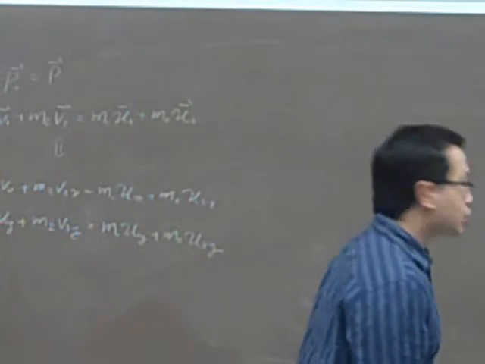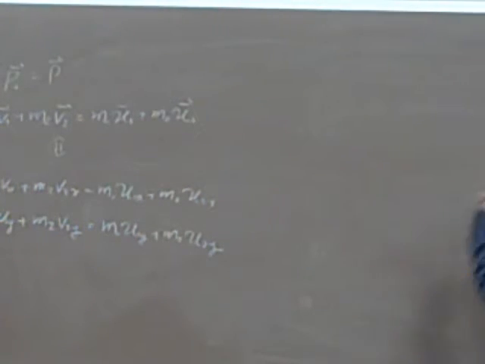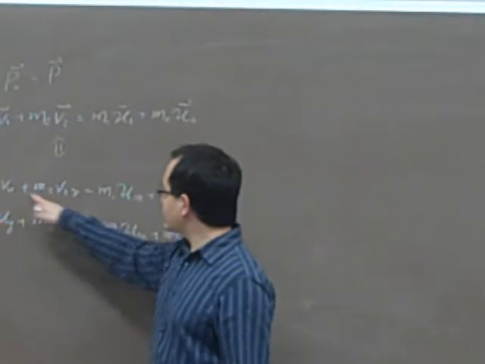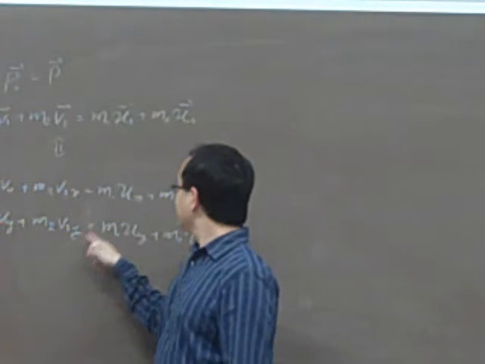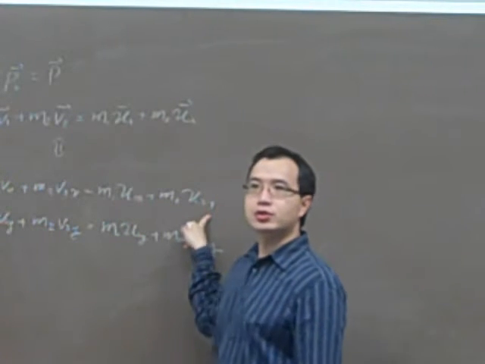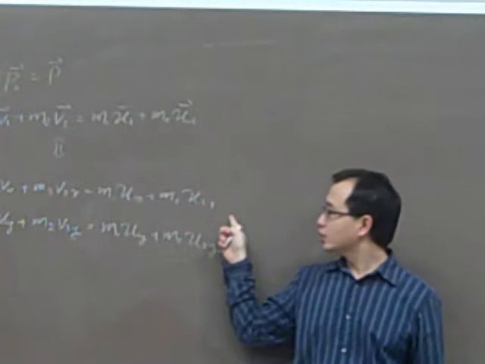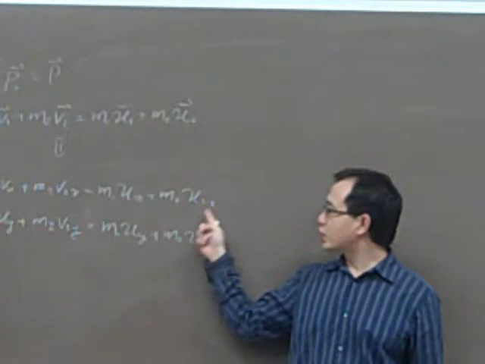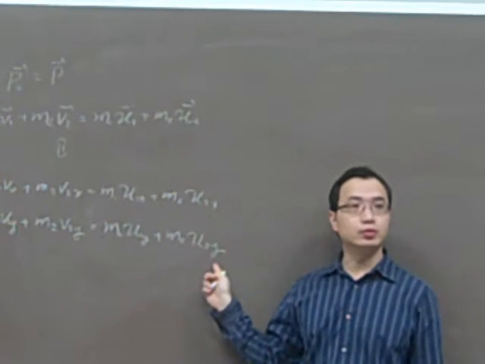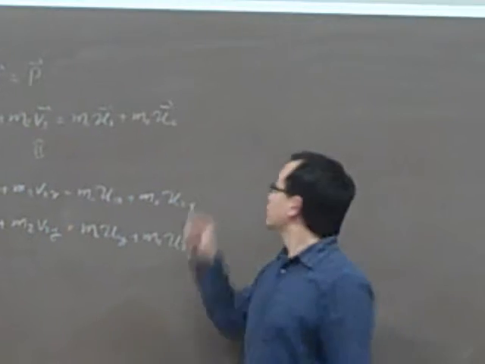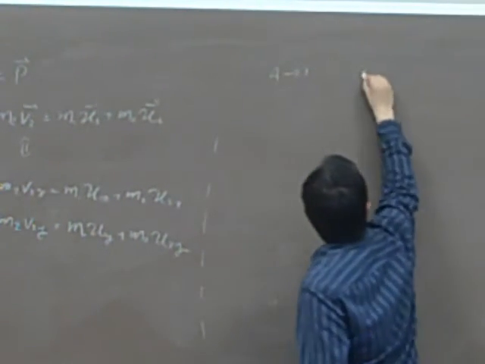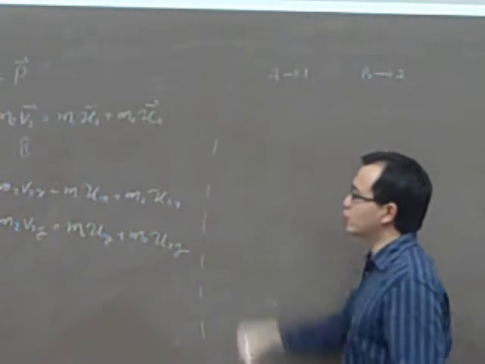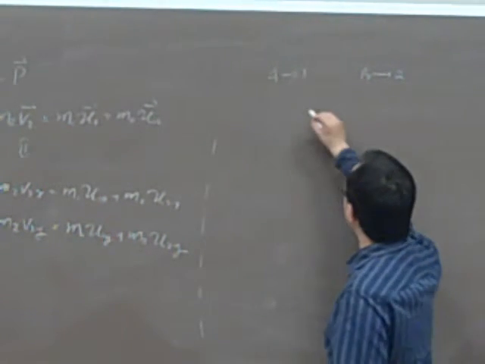In this notation, we give you v1x, v2x, v1y, v2y, u1x and u1y directly. You just need to find u2x and u2y. So if we call A 1 and B 2, you can still use uA, uB like this.